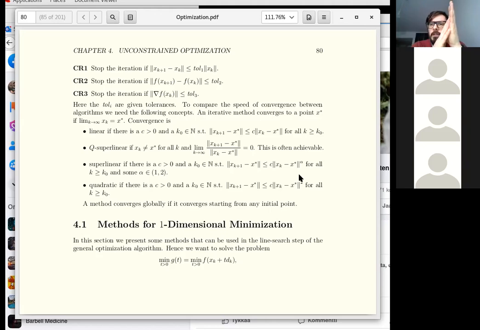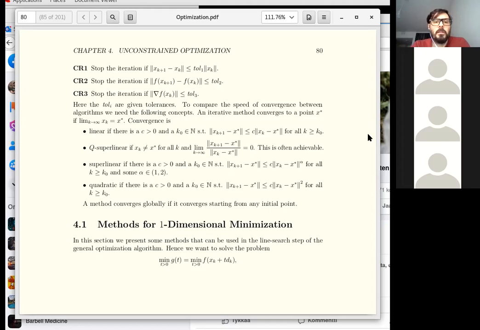If you think in terms of this C, there is no constant C here, but if you frame it this way, then the C here is a function of k, and the C also goes towards 0 when we go closer. Think about it, divide this by that, then it says this is smaller than Ck, and if Ck goes to 0, then we say it's Q superlinear.